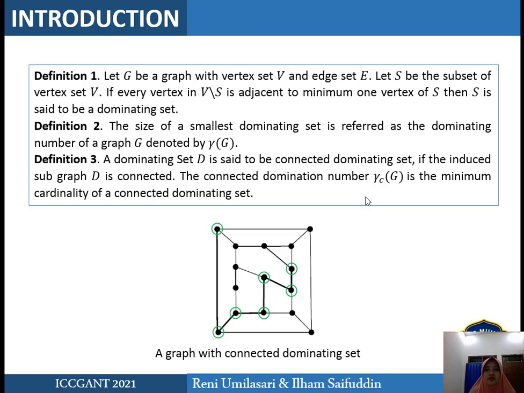This is the figure, an example of a graph with a connected dominating set. The vertices of the dominating set here are given by green circles, and they are connected to each other.